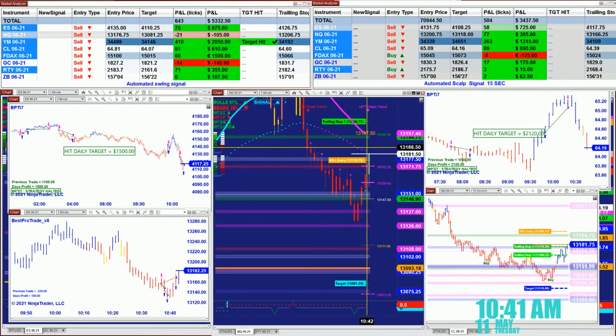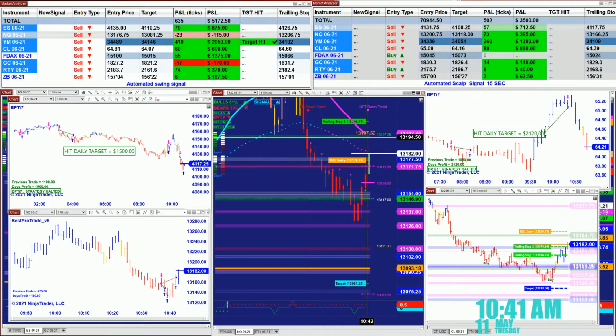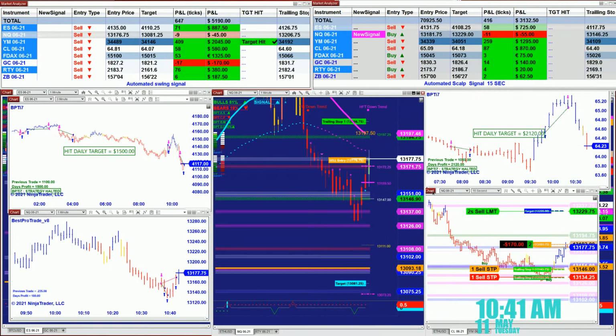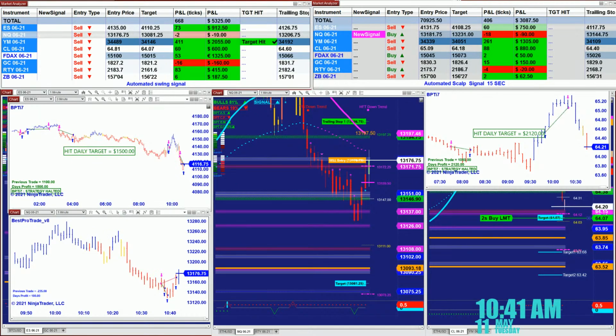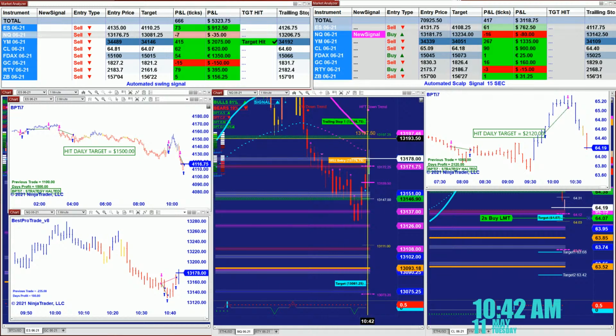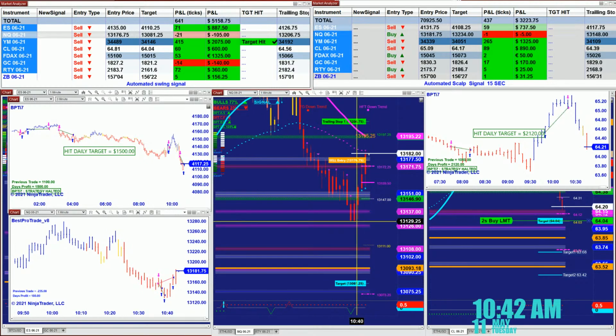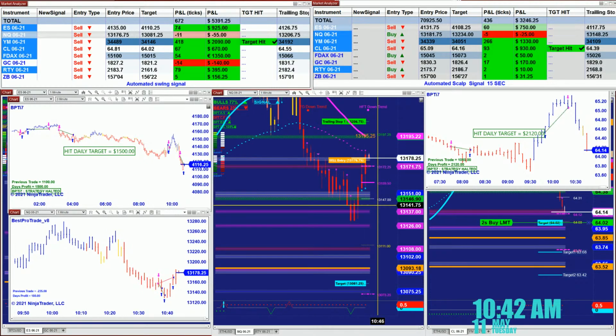Now, the next entry is a re-entry on the Nasdaq at 13,194, and this is the re-entry point on the Nasdaq short, and still you're gonna go back and start dealing again with those numbers one more time.